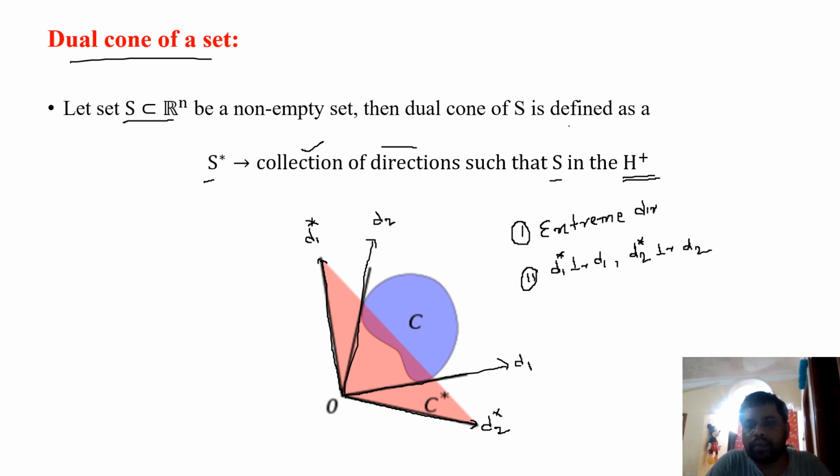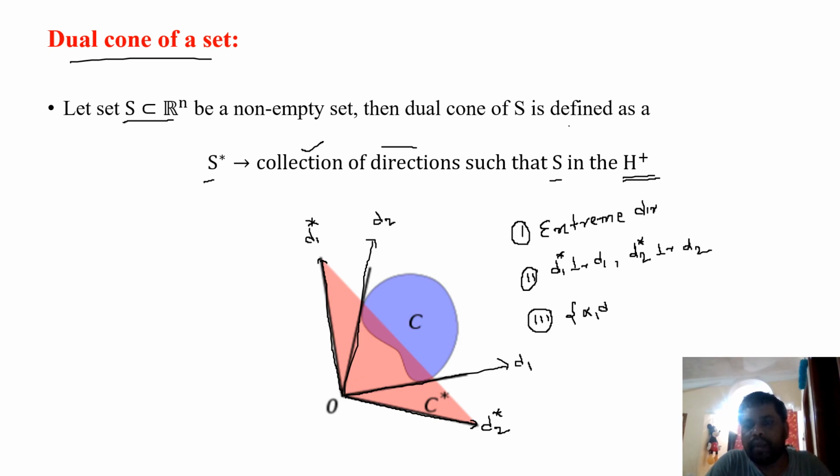Now the third step of finding the dual cone is to find the conic hull of these two extreme dual directions, D1 star and D2 star. So find the conic hull. That means find all non-negative linear combinations of D1 star and D2 star.